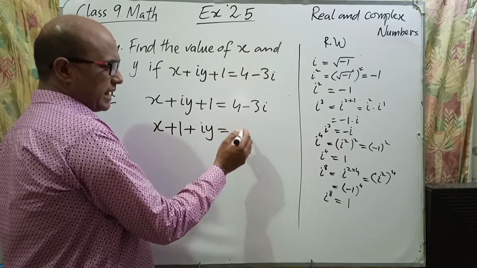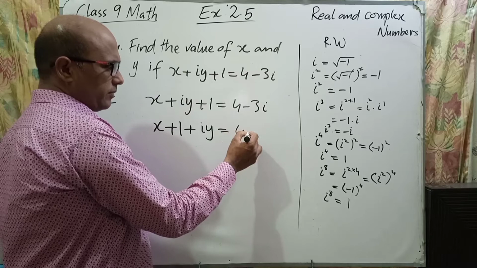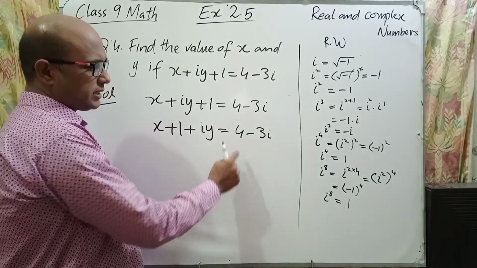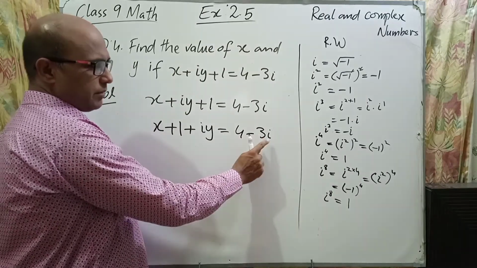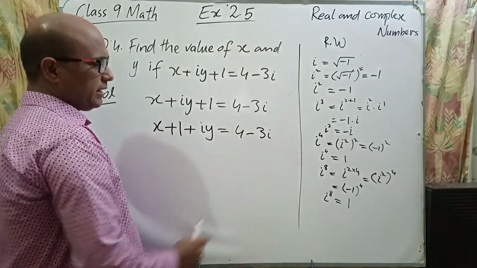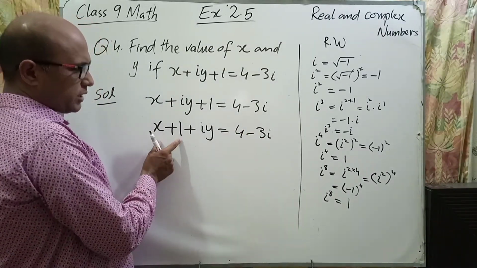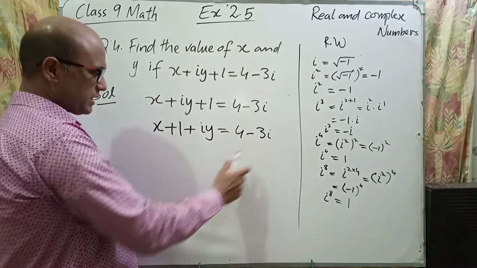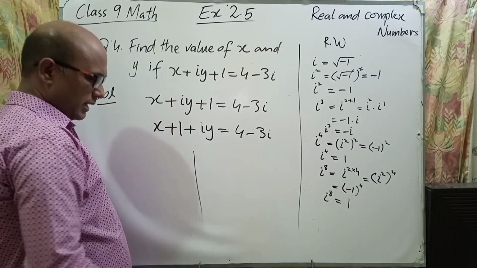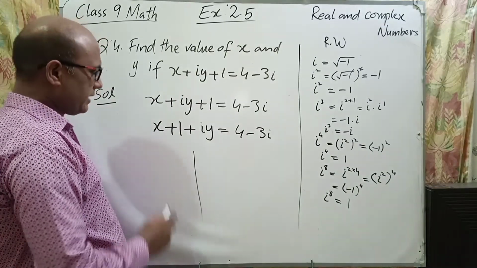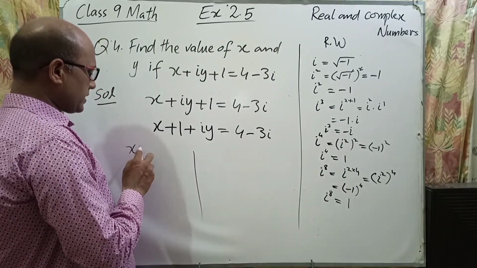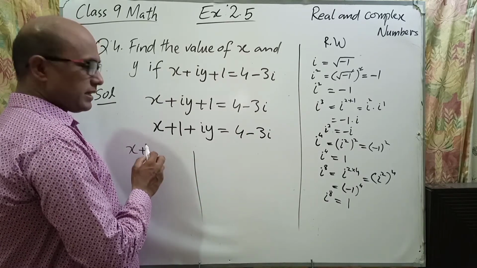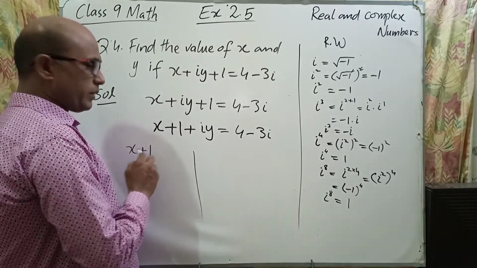And on the right hand side, students, 4 minus 3 iota will be written as it is because the real and imaginary parts are already arranged. So we'll draw a separating line and this equation will be separated into two equations.